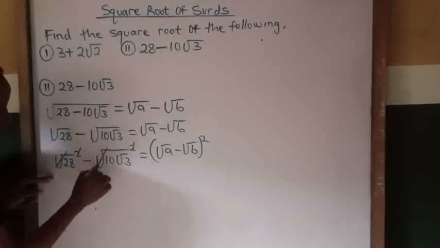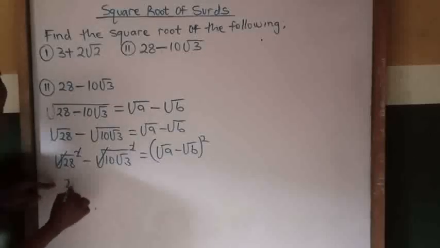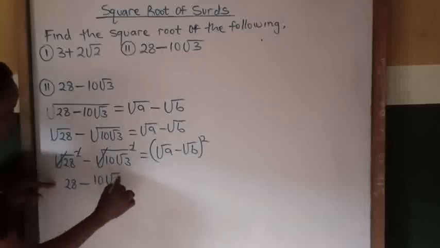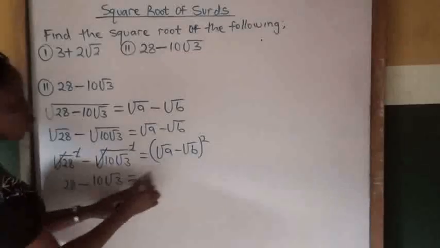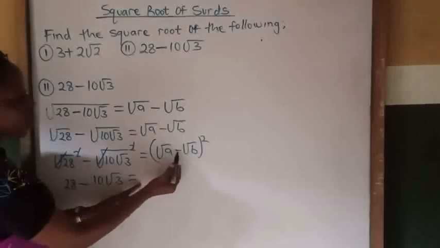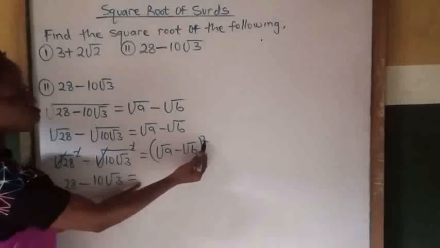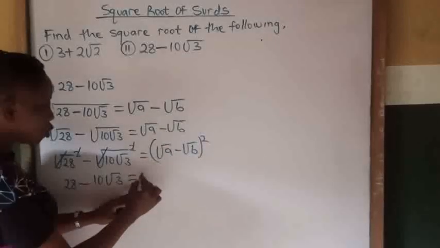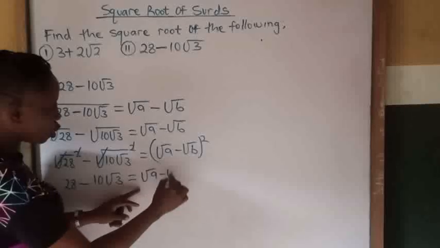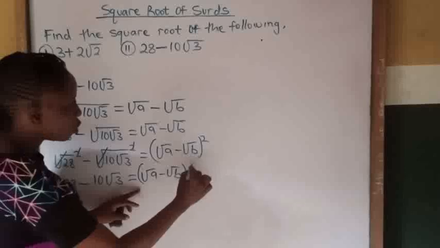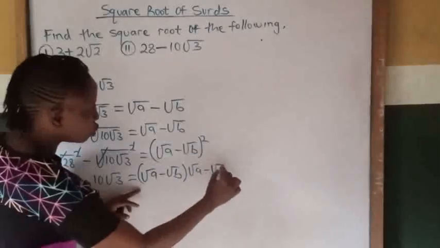These two we cancel square roots. So this one will be 28 minus 10 root 3 equals, so we are going to open the bracket. So we have root a minus root b raised to power 2. That's root a minus root b in two places. That will be root a minus root b multiplied by root a minus root b.